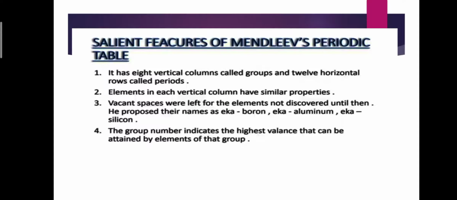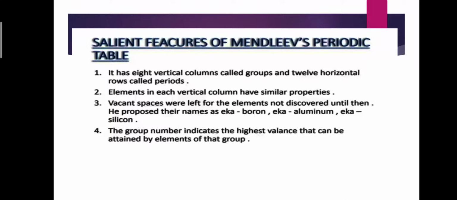Number 3. Vacant spaces were left for the elements not discovered until then. He proposed their names as Eka boron, Eka aluminium, and Eka silicon. The group number indicates the highest valence that can be attained by an element of that group.